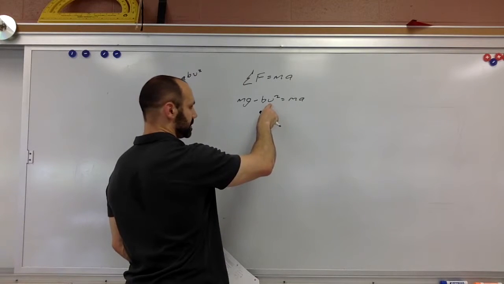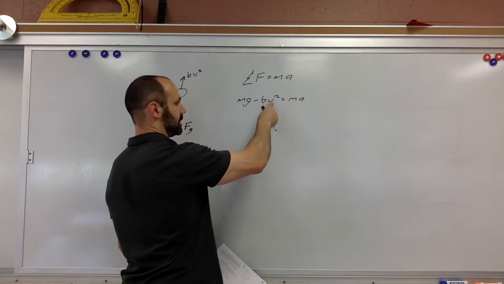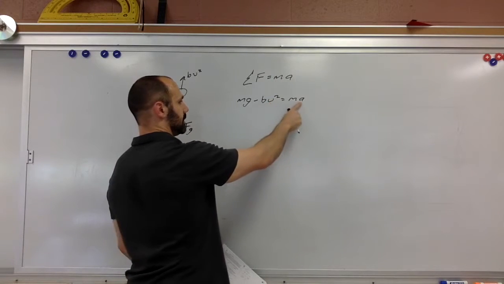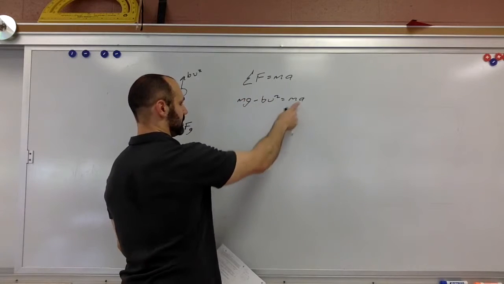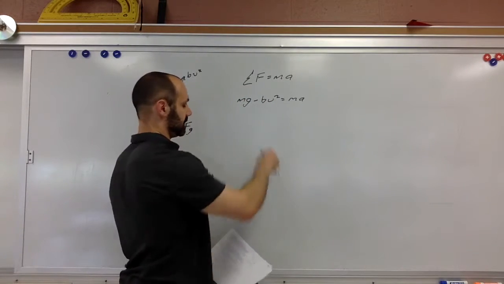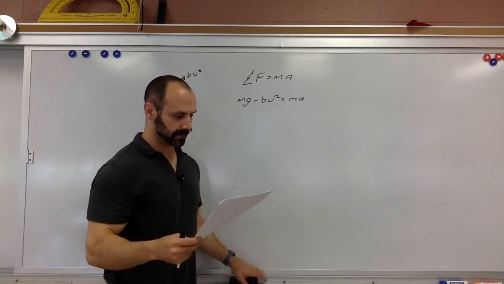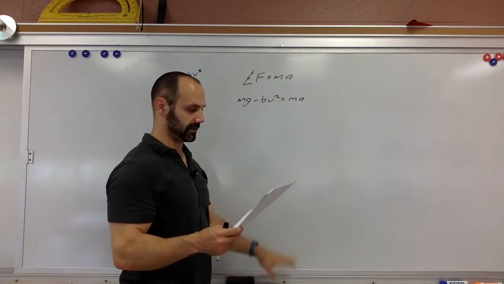Initially, at time 0, the acceleration is just equal to g. But as time goes on and v gets faster and faster, this value gets more, so this whole thing gets less. That means a has to get less. So a decreases over time as v increases. And you can use some argument like that. Again, this would be worth 3 out of the 15 points.